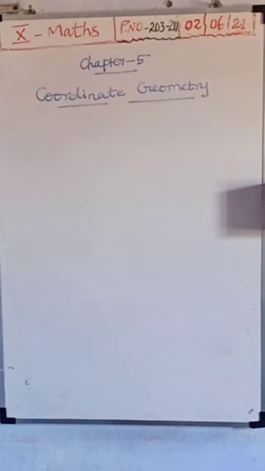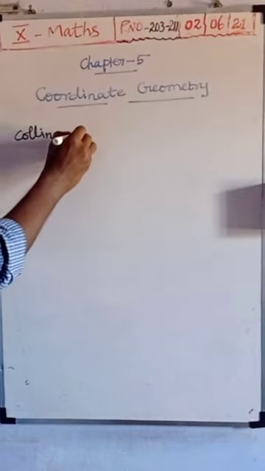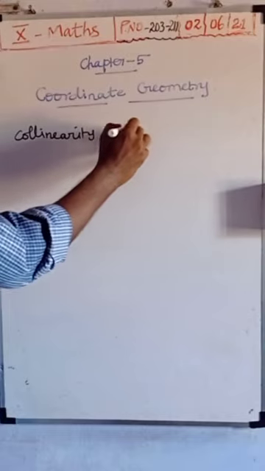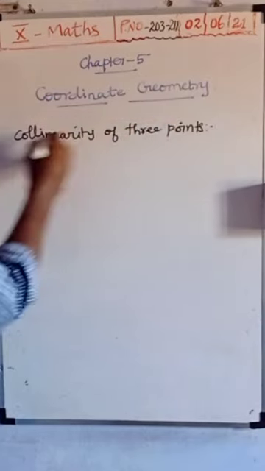Next, collinearity of 3 points. First, what is meant by collinear points?